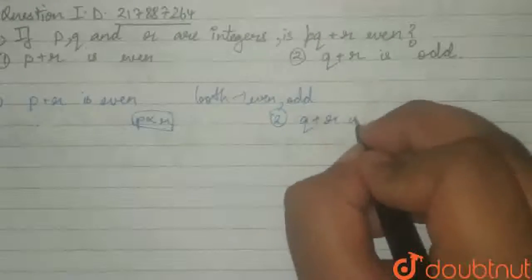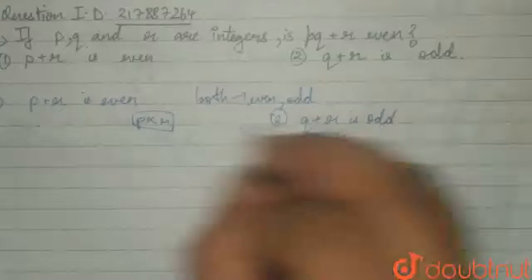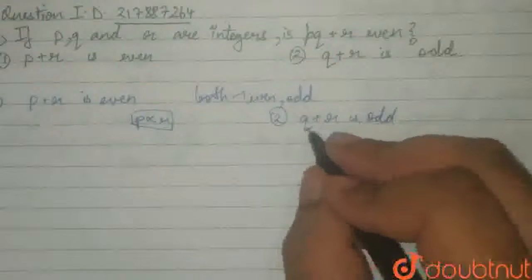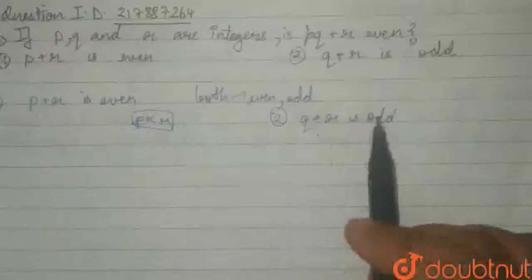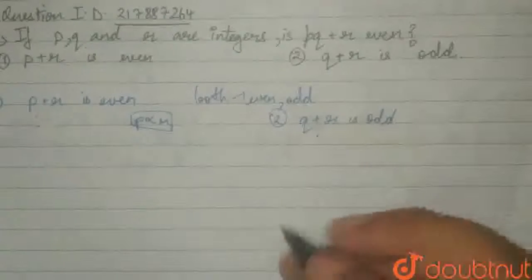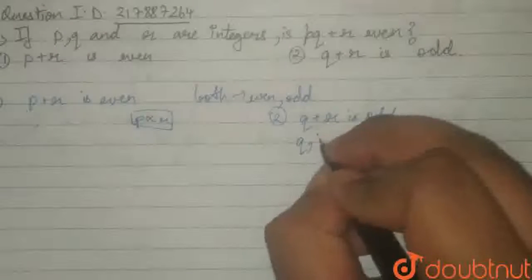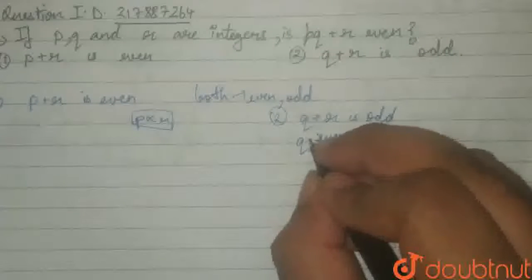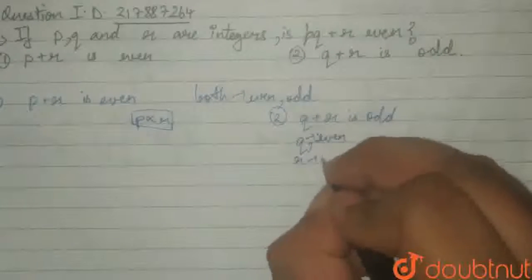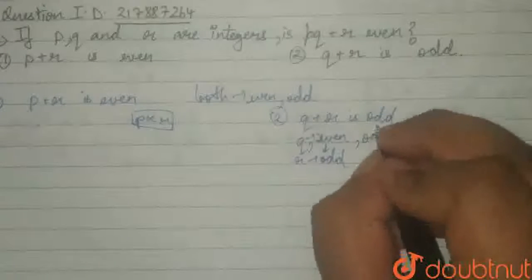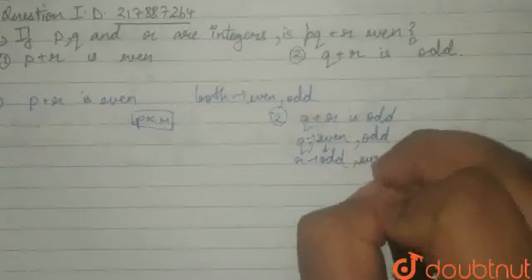Q plus R is odd. Now from the previous discussion, both of them can't be the same. If Q and R both are even, this would turn out to be even. If Q and R both are odd, this would turn out to be odd. So if Q is even, R is odd, and if Q is odd, R is even.